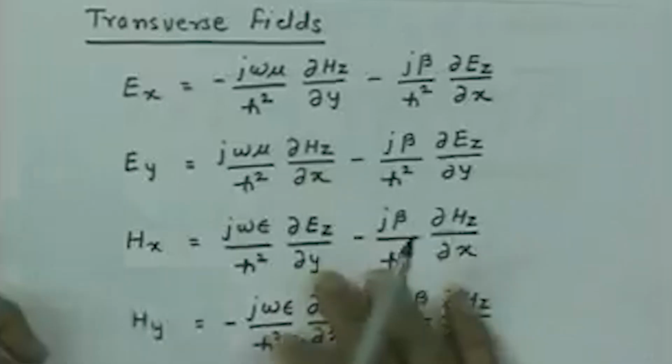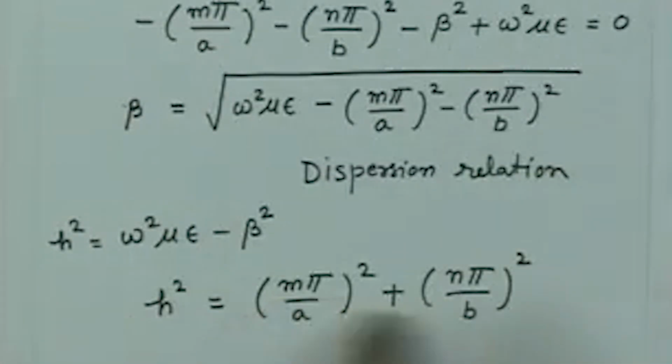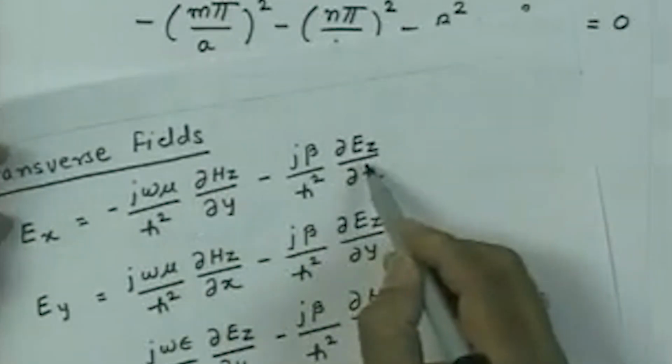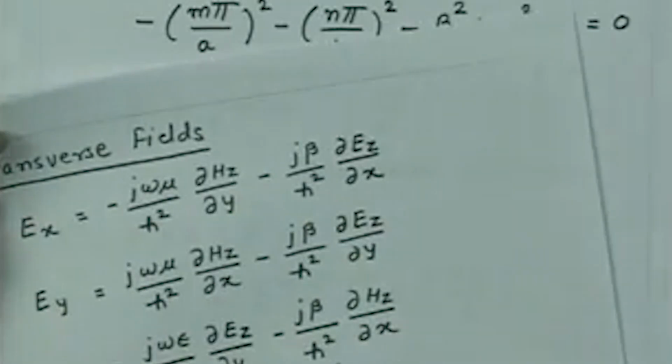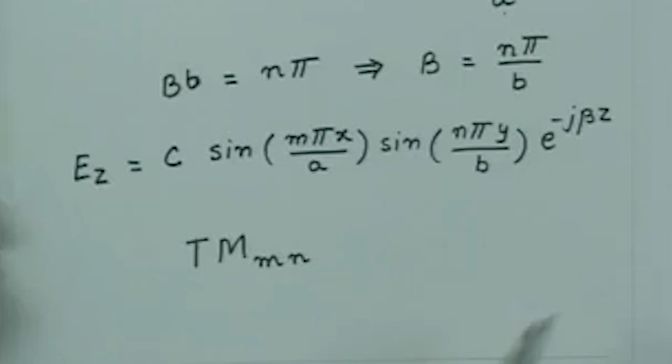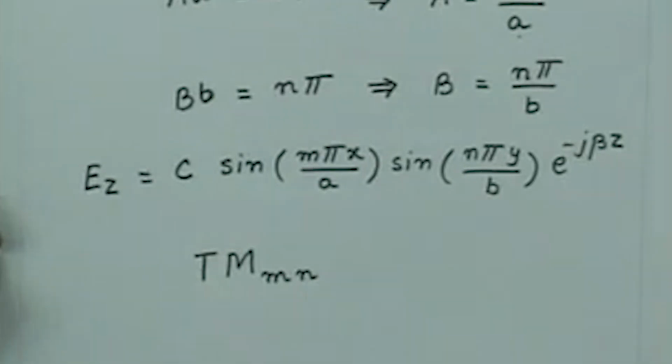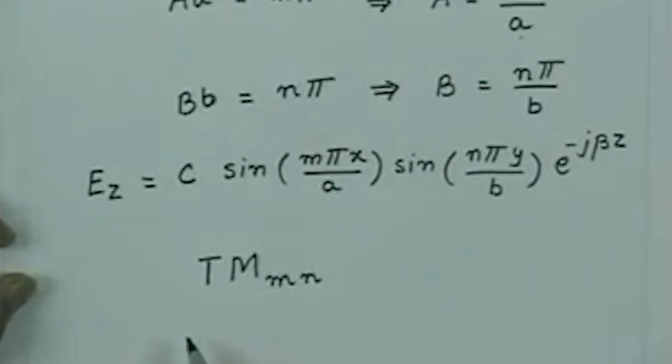However, now we are seeing that h is not equal to 0 when either m or n is not equal to 0, and then if Hz and Ez both go to 0, all transverse fields would go to 0 and the mode would not exist. So, we see that for the transverse magnetic case, when either m or n is 0, any of these two is 0, then again this field will be 0, and since h is not 0, again the transverse field will go to 0 and the modes will not exist.